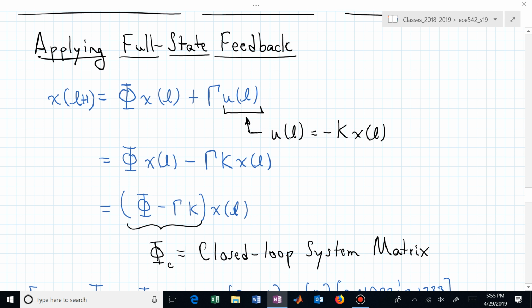It has to be dimensionally compatible with this formula, meaning it has to have 2 rows to account for the 2 columns in gamma, and then it has to have 3 columns to account for the 3 columns in phi. And now this gamma k product, which is 3 by 2 times a 2 by 3, gives us a 3 by 3 matrix.